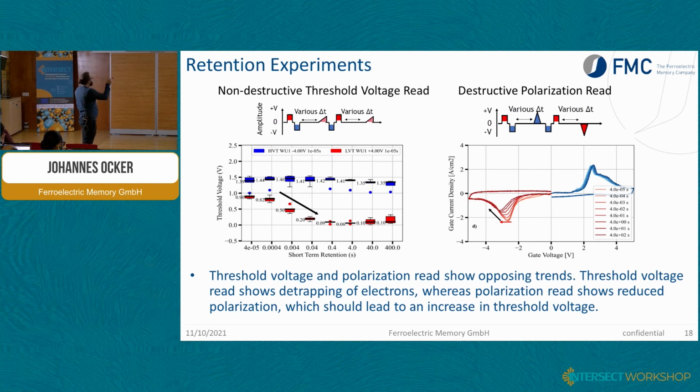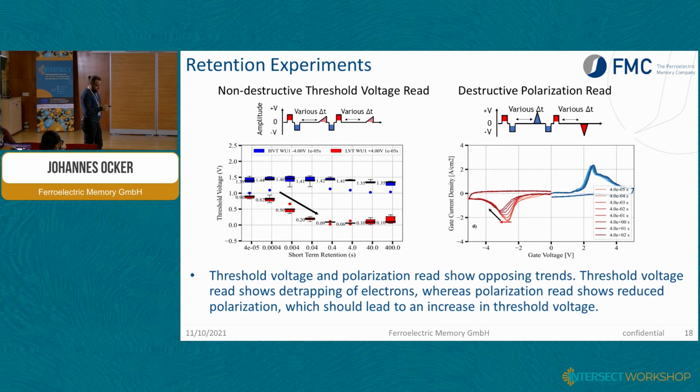But if we now do a destructive read of the polarization, we see that if we program into the low VT state, with the positive voltage, and then do a destructive read of this state, the peak changes depending on the wait time between setting the polarization and destroying it again. The longer the wait, the less polarization response you get.